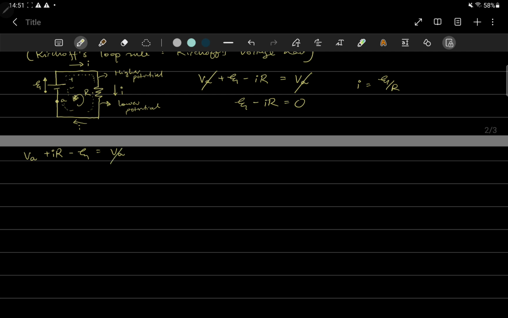And again you can cancel VA out from both sides, and you get minus zeta plus IR equals 0. Again, solving this equation will give you the same thing, which is I equals zeta by R. So now I know for a fact that whatever direction you choose the loop to go, it does not matter, you can apply the loop rule in either direction.